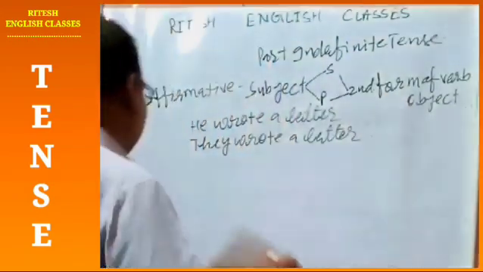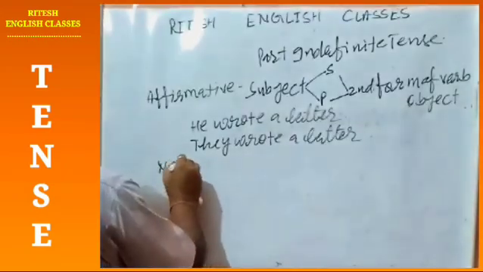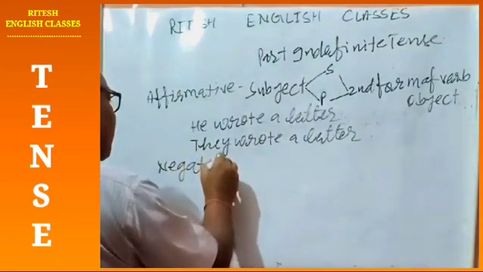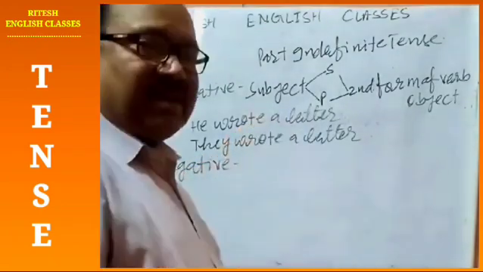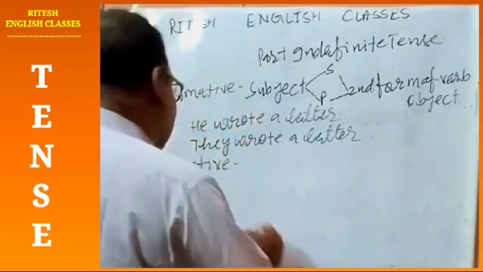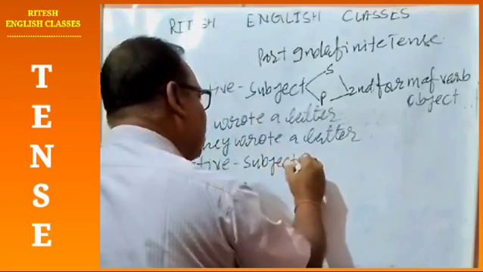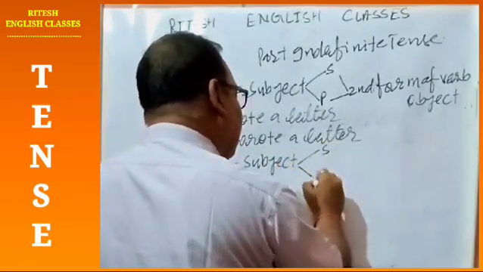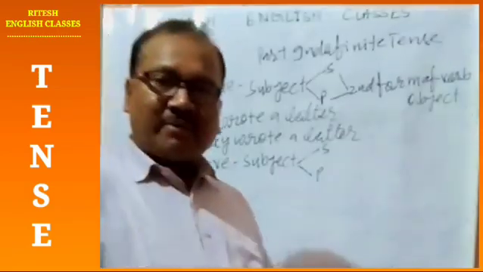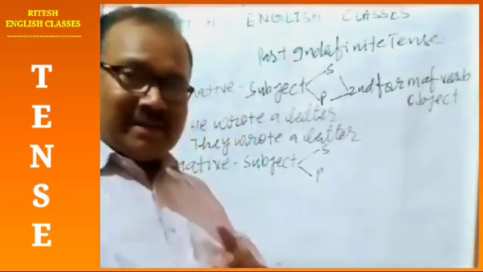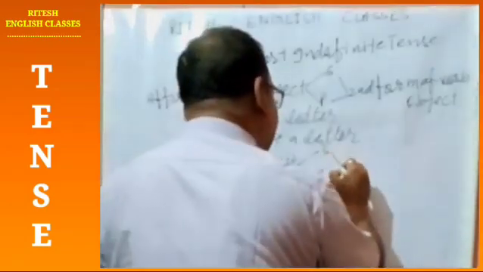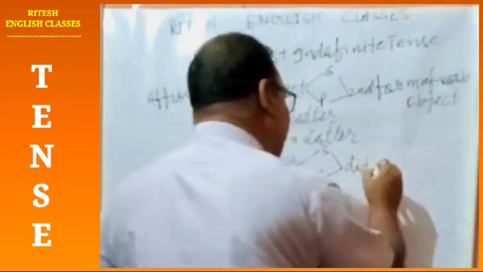And what will be the negative? Now I will write the negative of past indefinite tense. So for negative, first of all we will write the subject, singular and plural, and after that the helping verb did. The helping verb will be did for both.